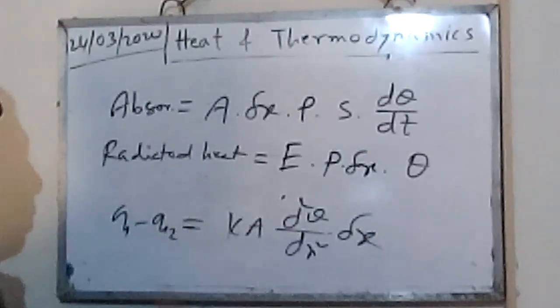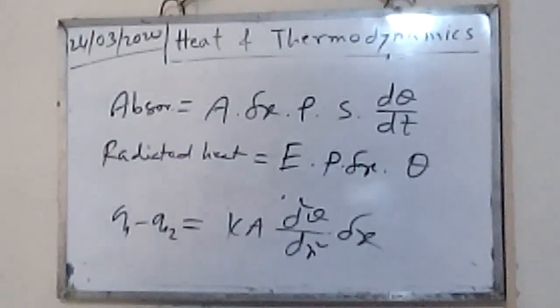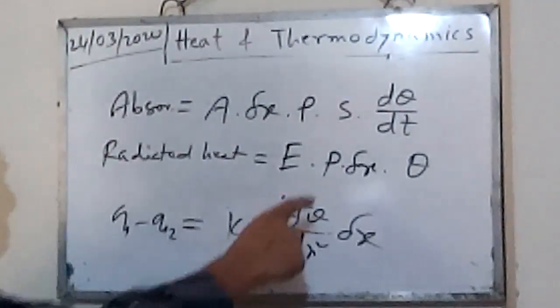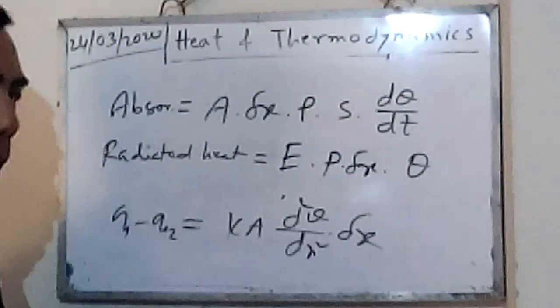P and del x, this is the area. Area means two dimensions: one is P and the other is del x.